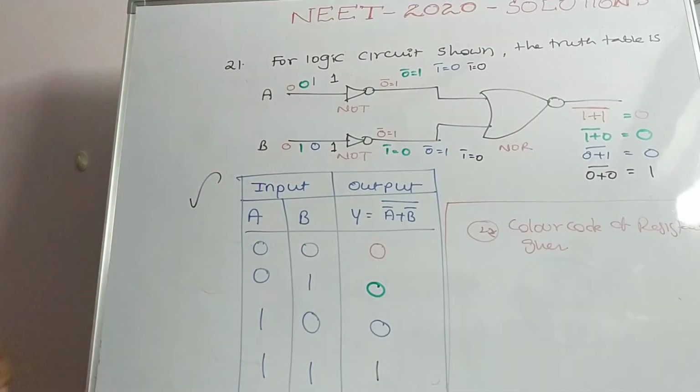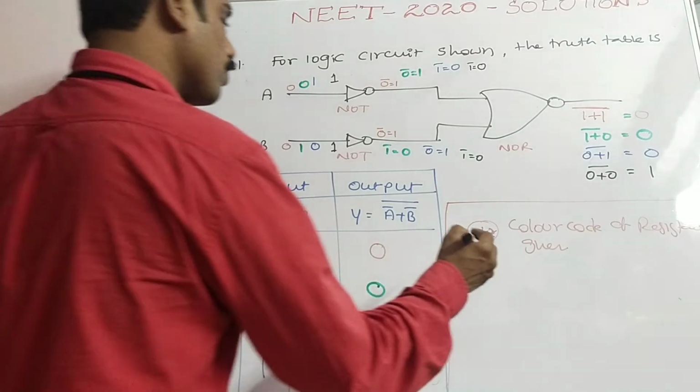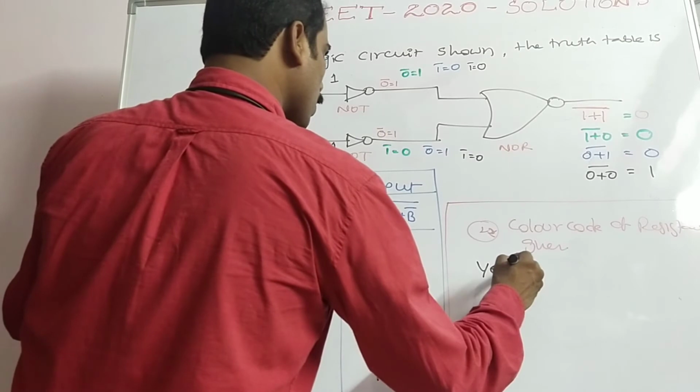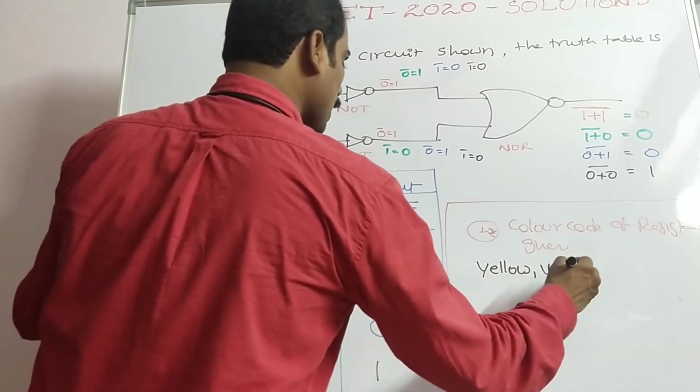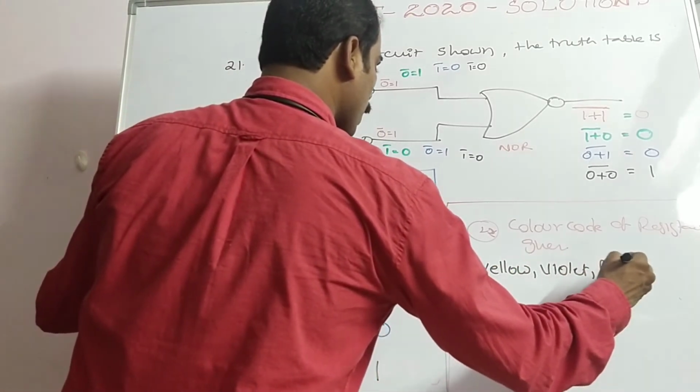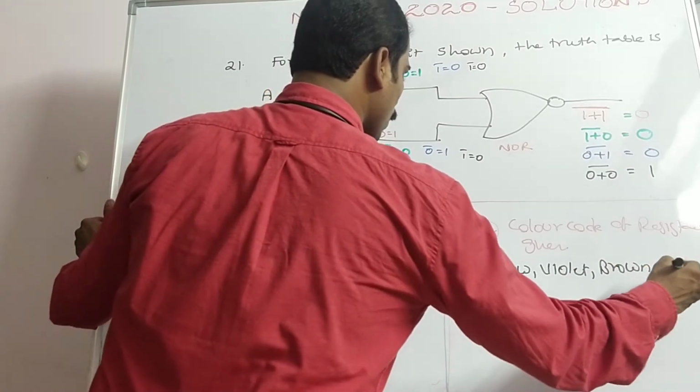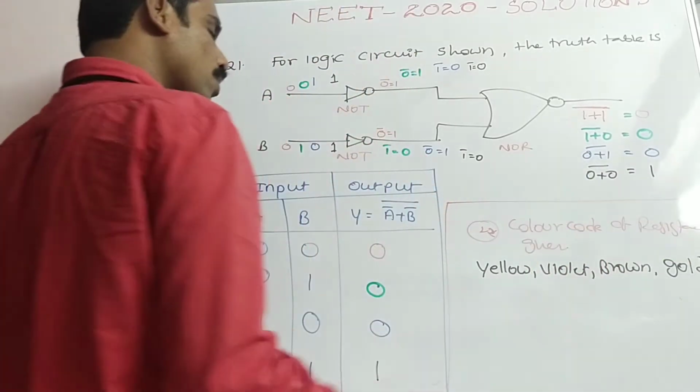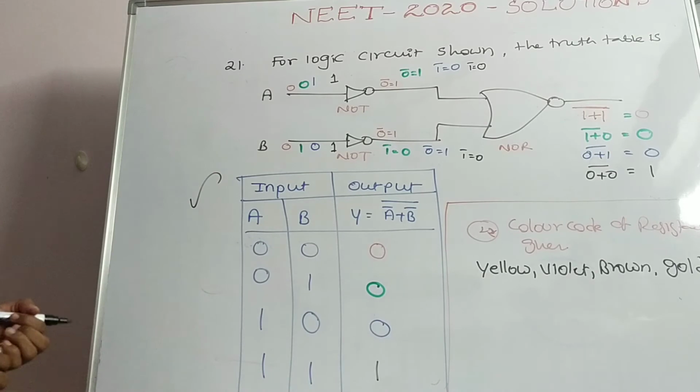Here we are provided with the colors yellow, violet, brown, gold. Gold indicates the percentage tolerance, and brown indicates the power of 10, something like that we had, right?